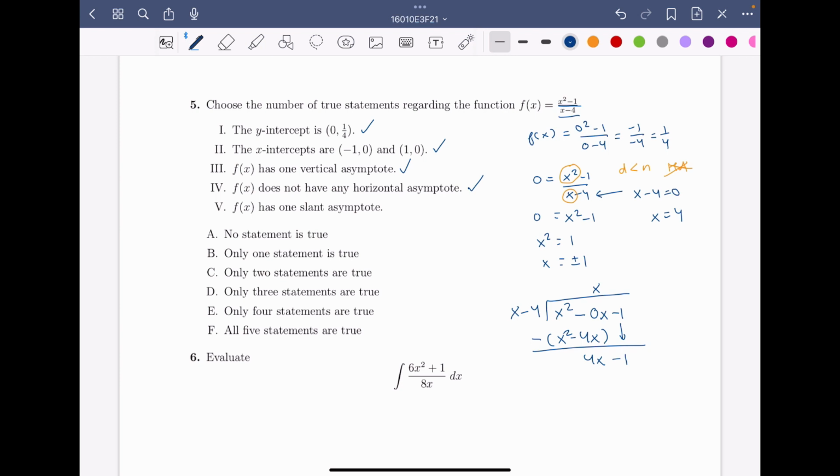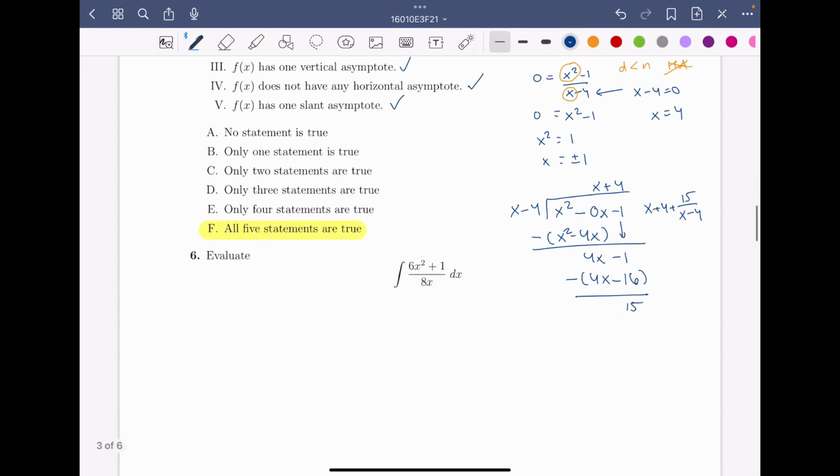We need to multiply by a 4 then, so that'd be plus 4, so that'd be minus 4x minus 16, which gives us a remainder of 15, meaning that our slant asymptote is x plus 4 plus 15 over x minus 4. So that means there is one slant asymptote. So all 5 of these statements are true, so F is the correct answer.